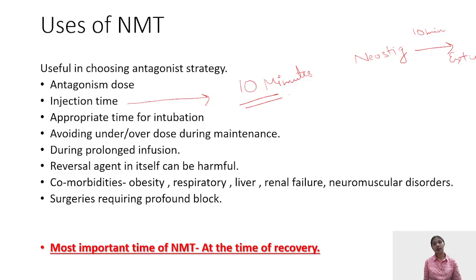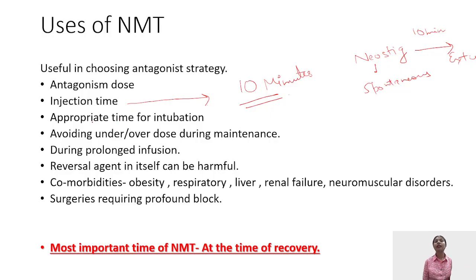Neostigmine has to be given only when spontaneous recovery of the patient has started taking place, and after 10 minutes you can extubate the patient, because the peak effect comes at 10 minutes.